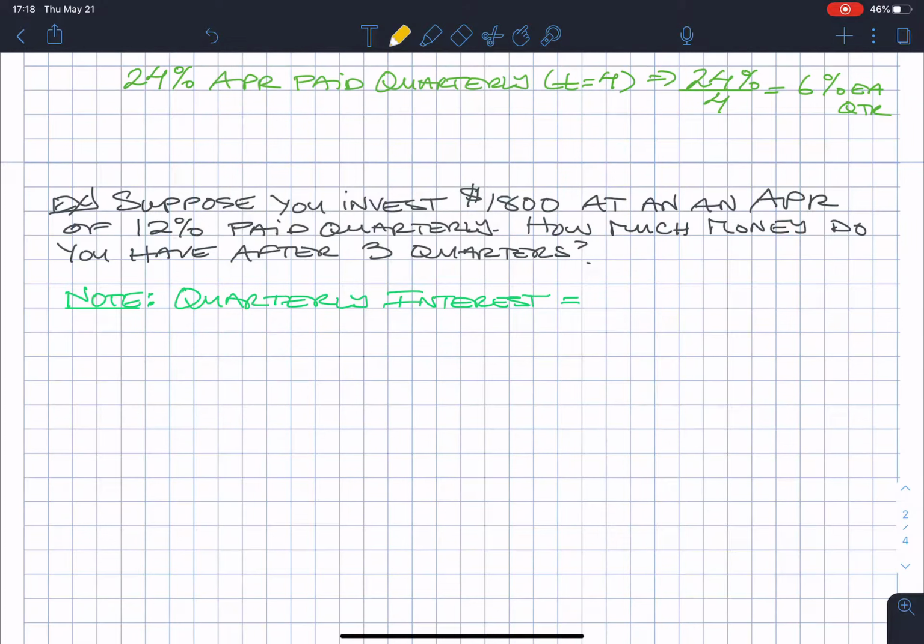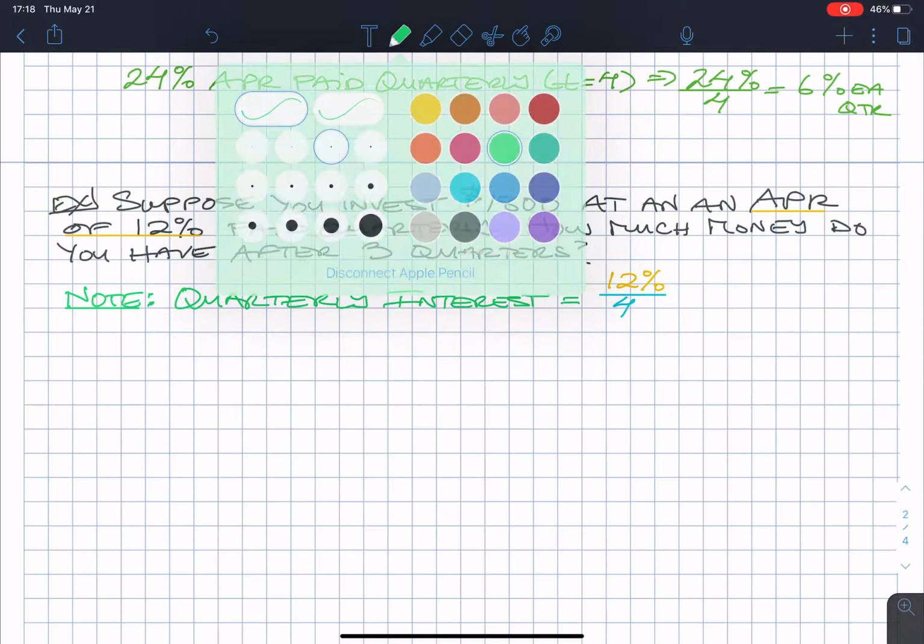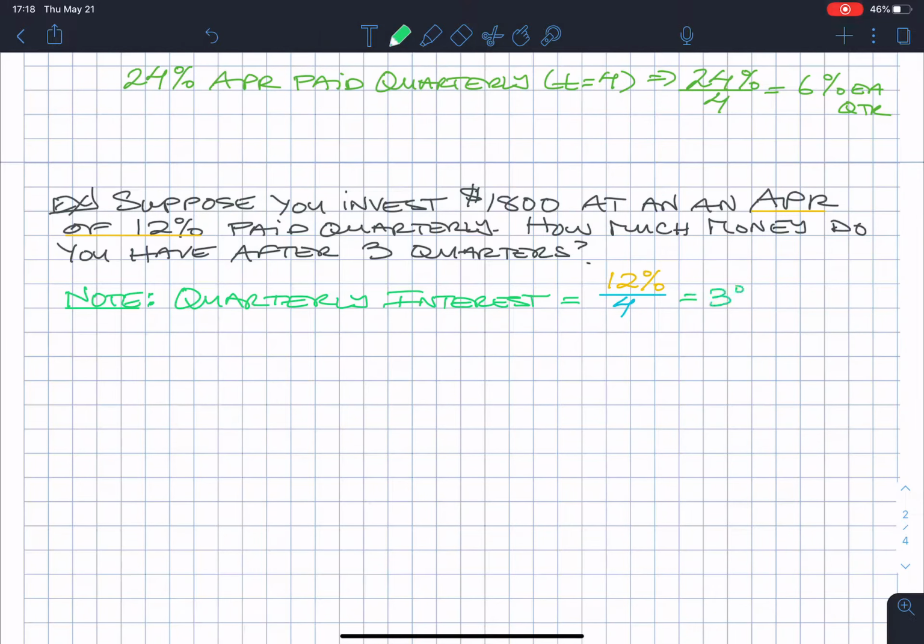So we have an APR of 12%. So quarterly means that my T is 4. So what that's going to give me is 3% each quarter. Okay, so I'm dealing with an interest rate now of 3%.